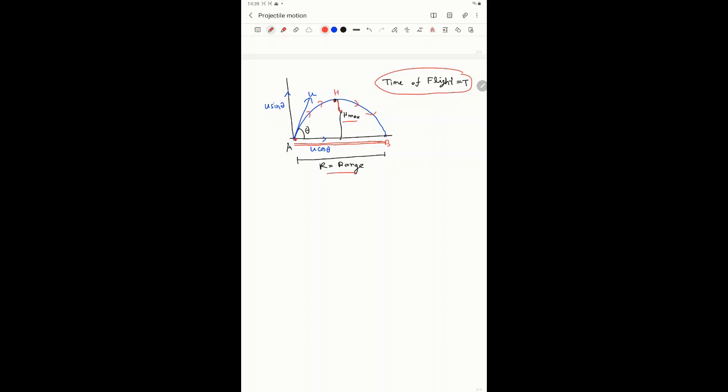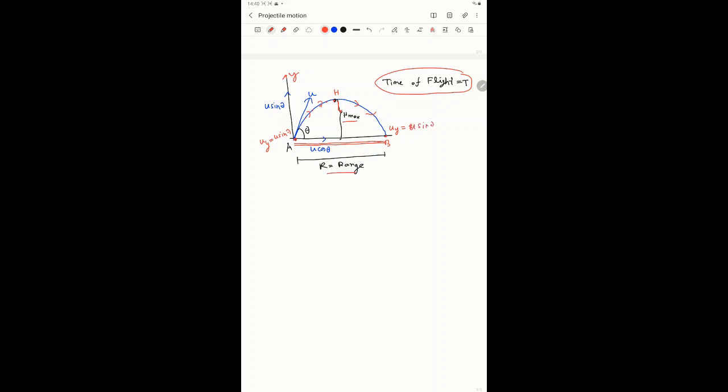To deduce these relations, we know that in the perpendicular direction, the y-axis, the initial velocity is uy equals u sin theta. As discussed earlier, its velocity along the y direction decreases gradually up to point H, and after that it increases again. Just before falling on point B, its velocity along the y-axis is again u sin theta.